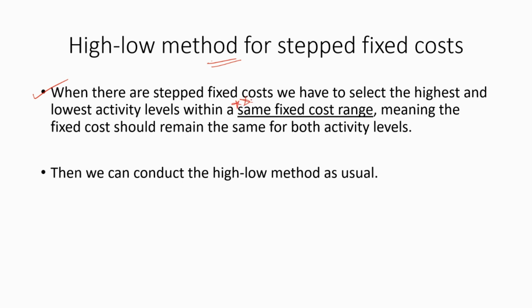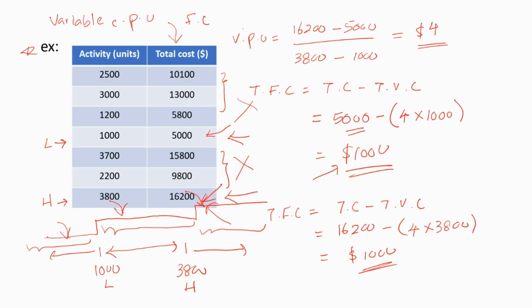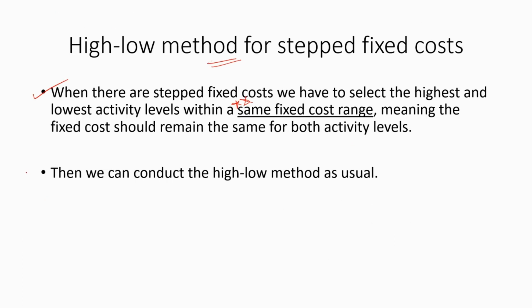This is really important, meaning the fixed cost should remain the same for both activity levels, so that we can use the high-low method. Then we can conduct the high-low method as usual.